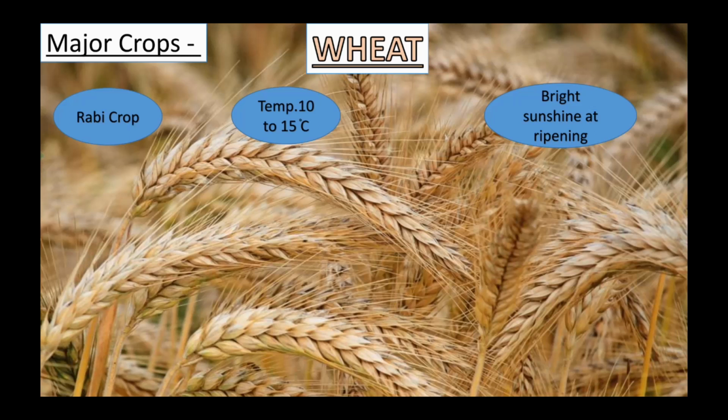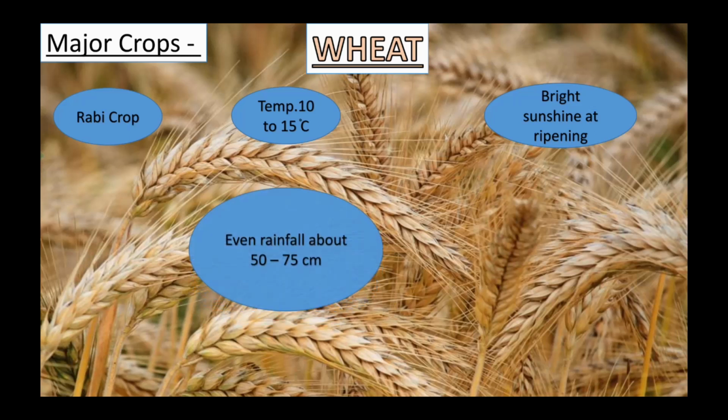And never forget to write that it needs bright sunshine at the time of ripening. It needs even rainfall of 50 to 75 centimeters annually.